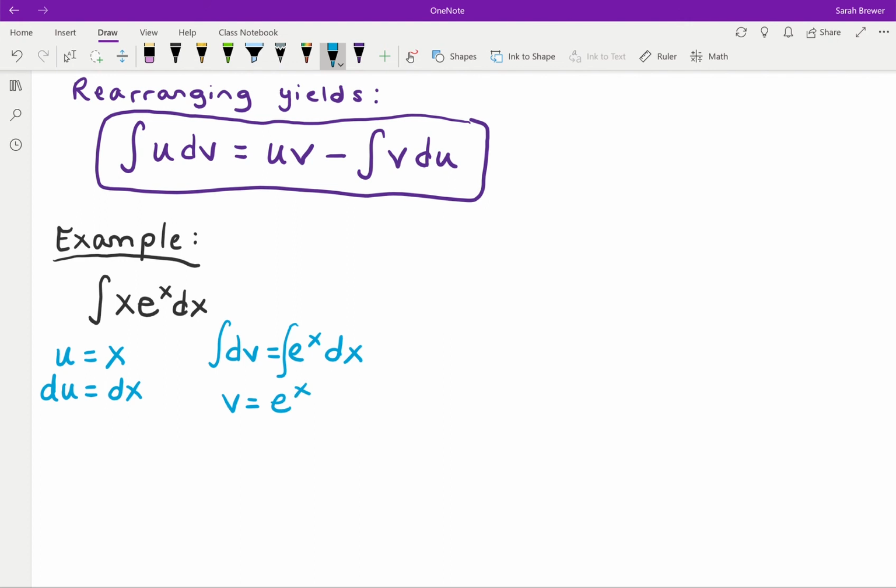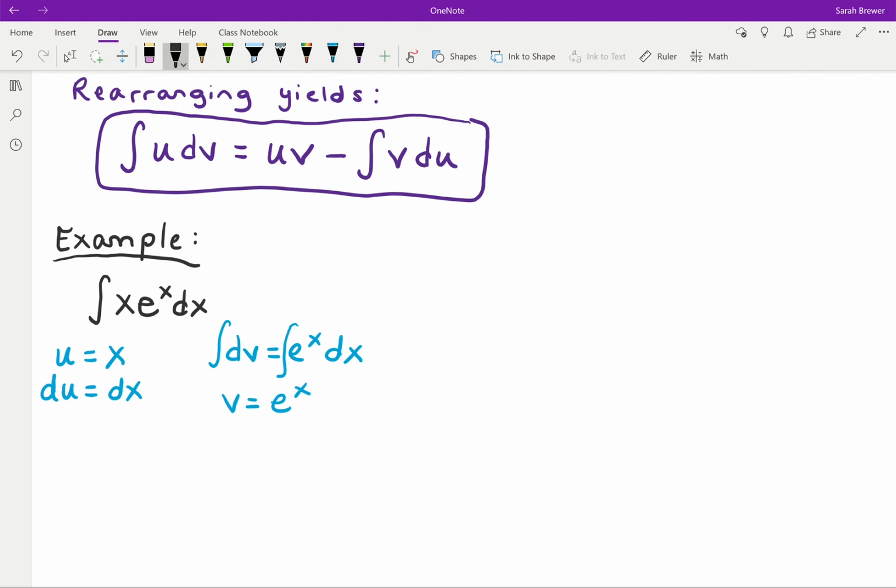Notice that I'm not really concerned with my constant of integration here. I know that when I do my original integral of x e to the x dx, I'm going to have a plus c at the end. The plus c that I would get from the integral of e to the x dx is a different plus c, and we are not concerned with that right now. We're just going to add a single plus c at the end.